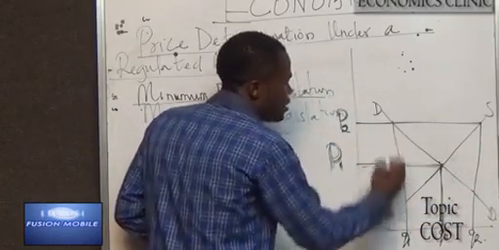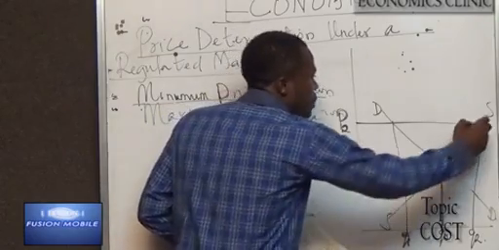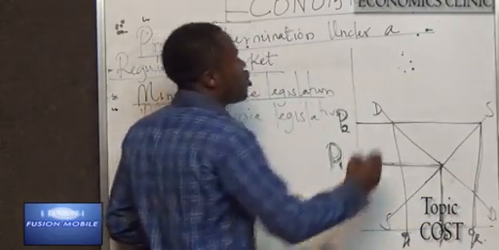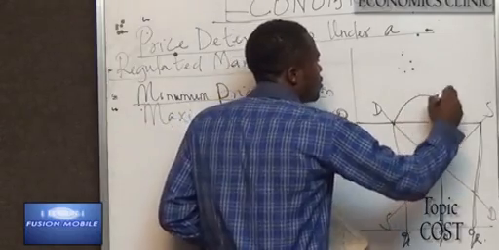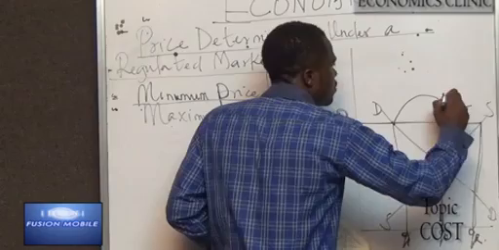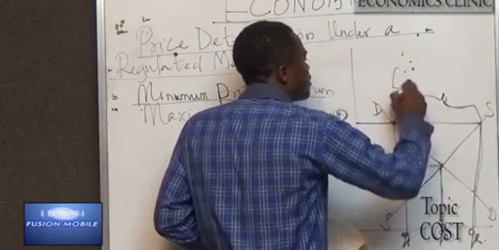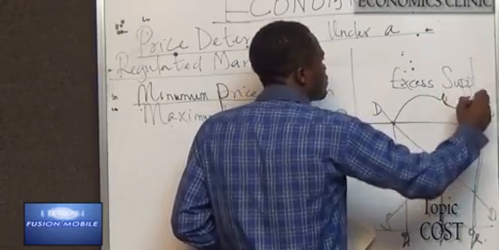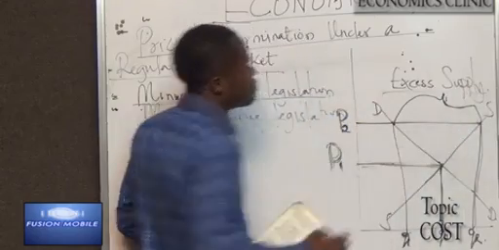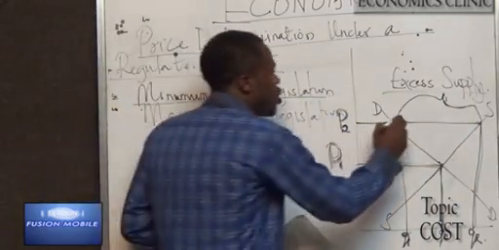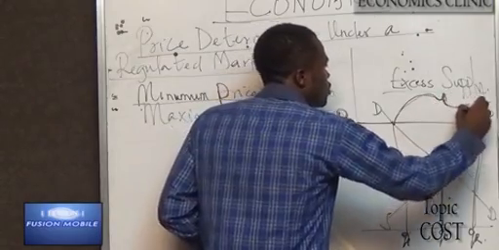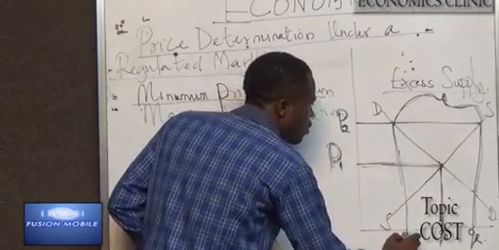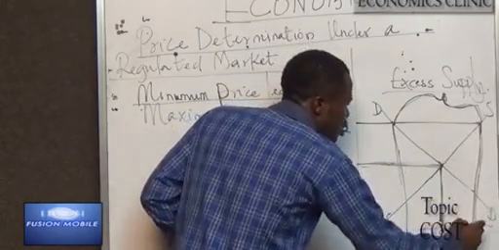And if demand is at Q1 and suppliers supply at Q2, it's automatically showing excess supply. Automatically showing excess supply because demand is at Q1 while supply is at Q2.